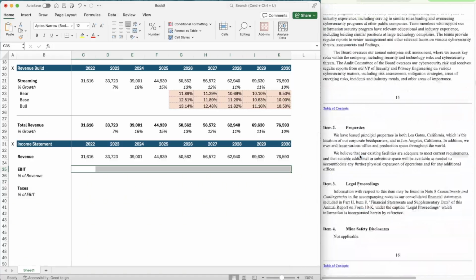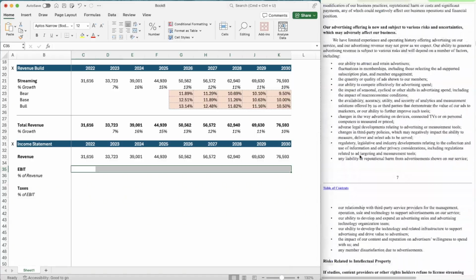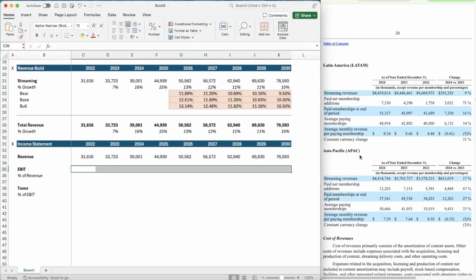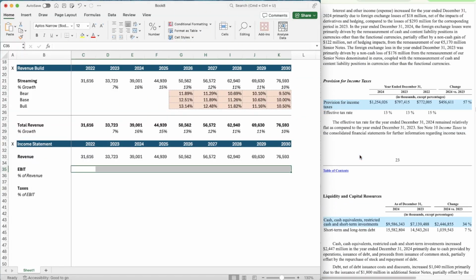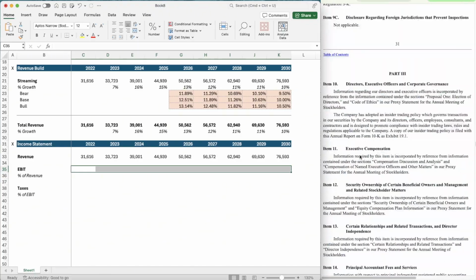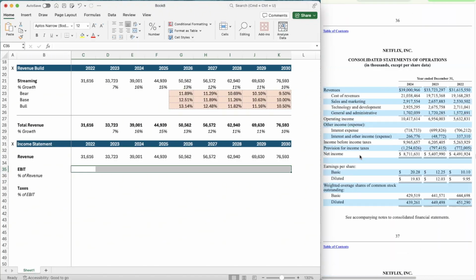Actually, come up to the actual income statement because we want to see the tax. Where is it? Here we are.